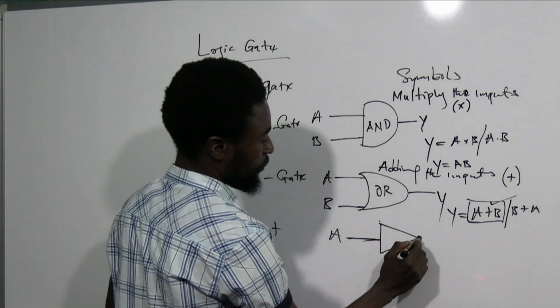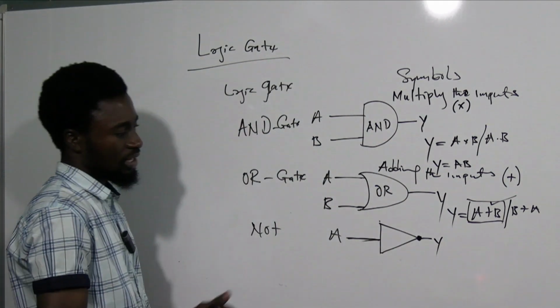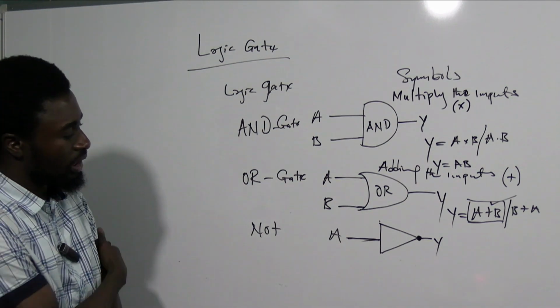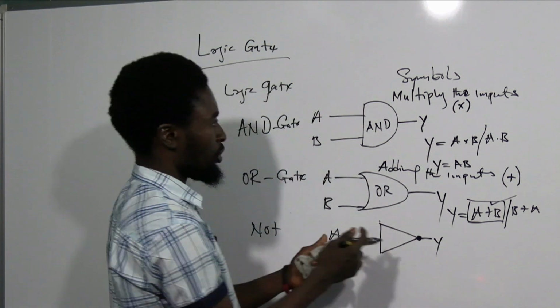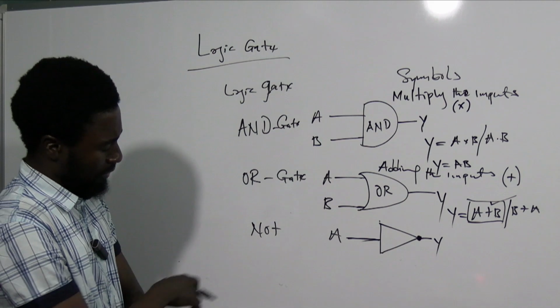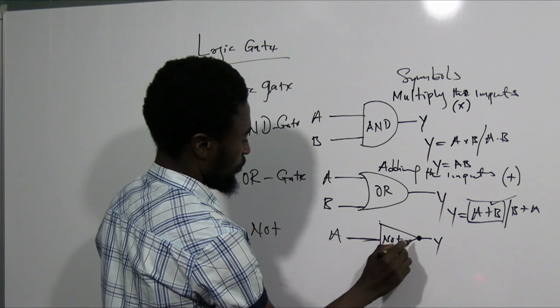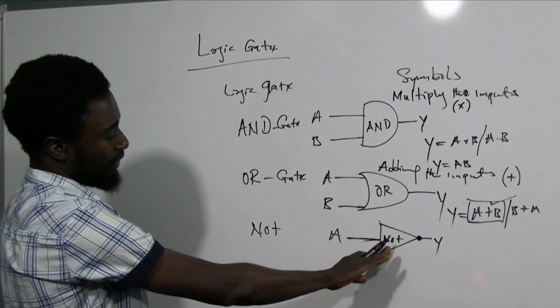We are using Y to serve as the variable for the output. But what operation has been performed here? Let's consider this one to be NOT. This is AND, this is OR, and this one is NOT.